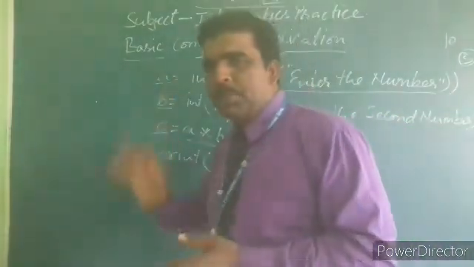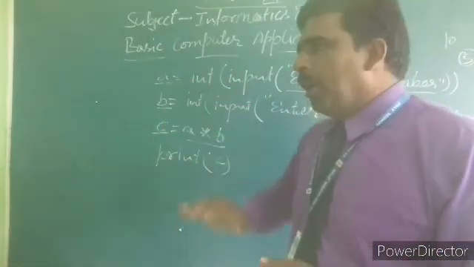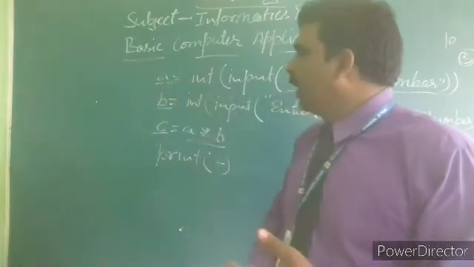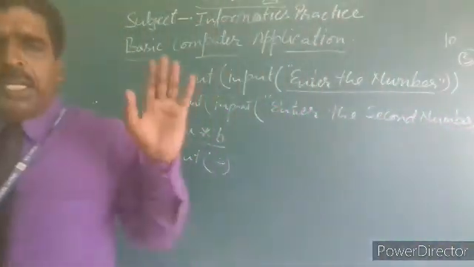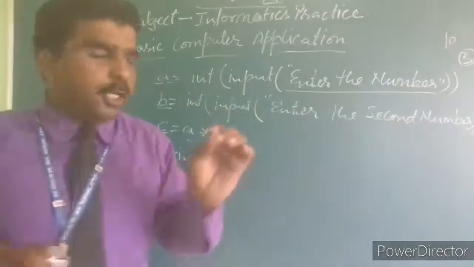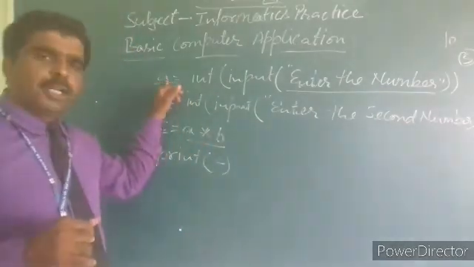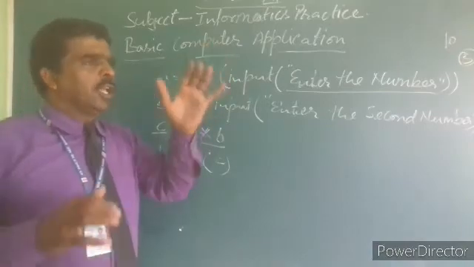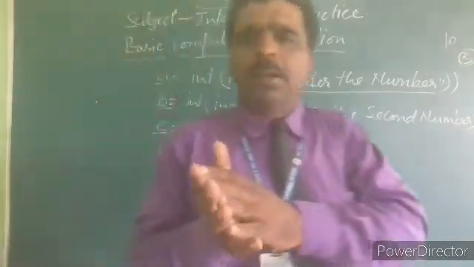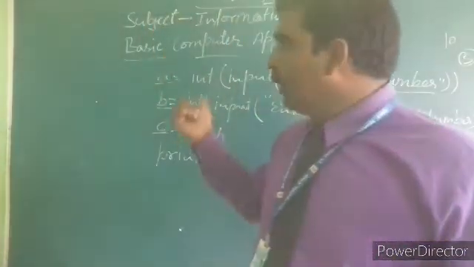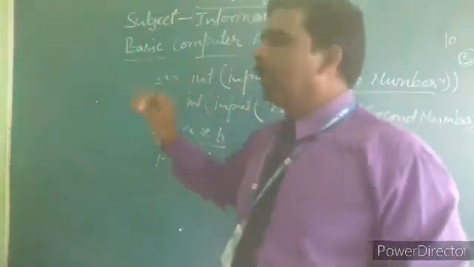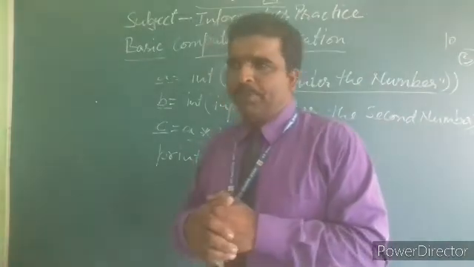I am giving you the example A. If you are seeing this A or B or any other thing, through that it can be identified that it is a variable that is able to take the value from the user, which will be kept in the form of numbers.